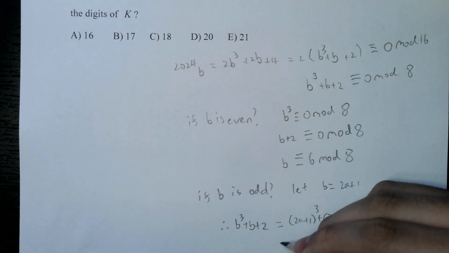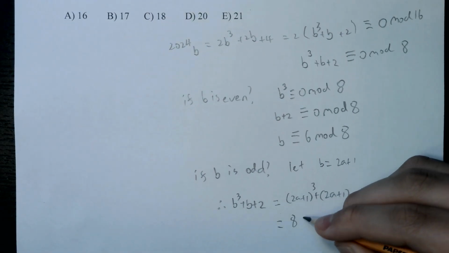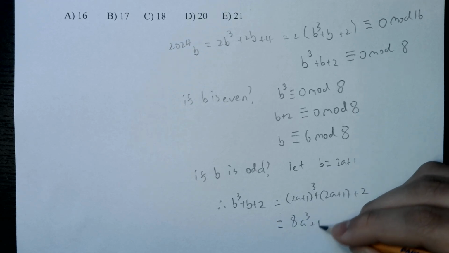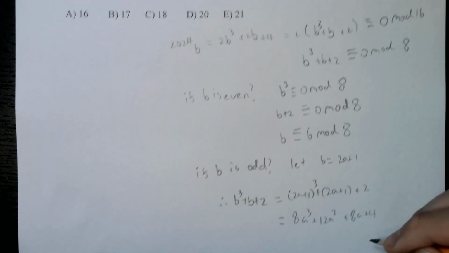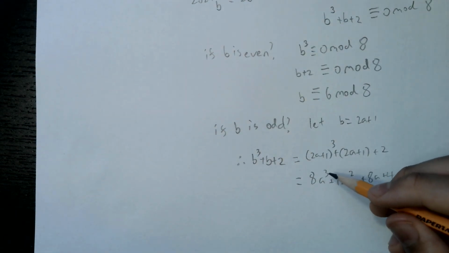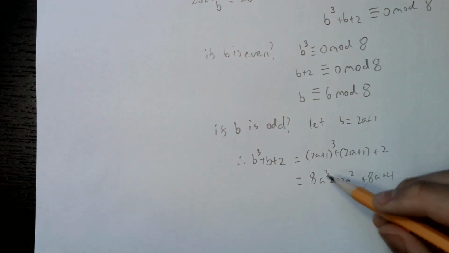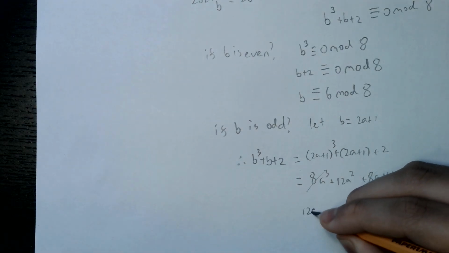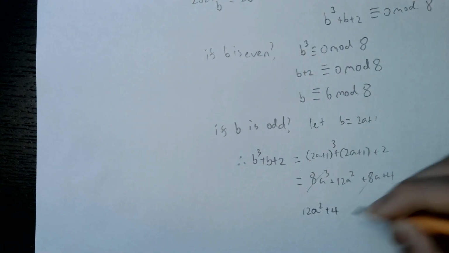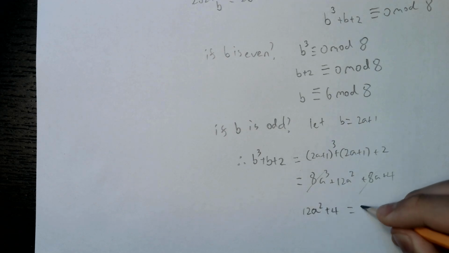Which is going to be equal to 8a cubed plus 12a squared plus 8a plus 4. Obviously we don't need to look at the 8a cubed or 8a because they're 0 modulo 8. So now we can see that 12a squared plus 4 has to be 0 modulo 8.